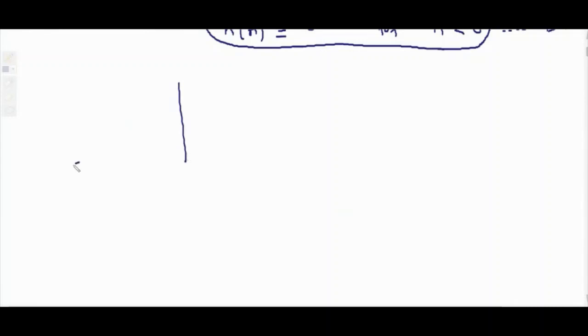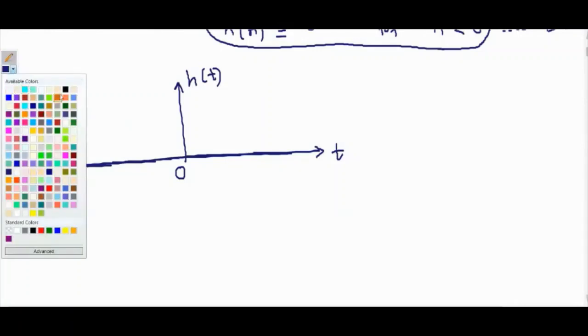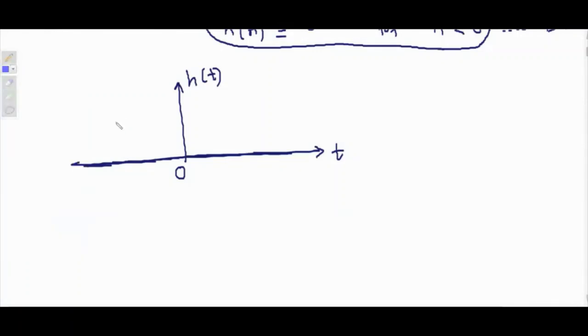Now understand what exactly the condition is. You can have a sketch of h of t. On the x-axis is time, this is the origin, this side is the positive values of t, and this side is the negative values of t. On negative values of t, the value of the signal should be 0.